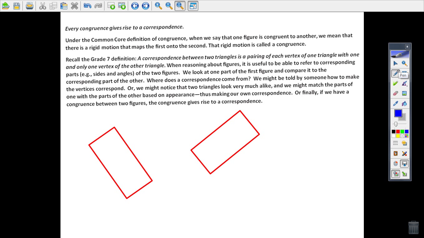So these two may not be congruent, but if I use some letters here, A, B, C, D, E, F, G, H, which side would DC correspond to in the other rectangle? I'm assuming it's a rectangle. DC would correspond to HG. So we could talk about corresponding parts even if they're not necessarily congruent.